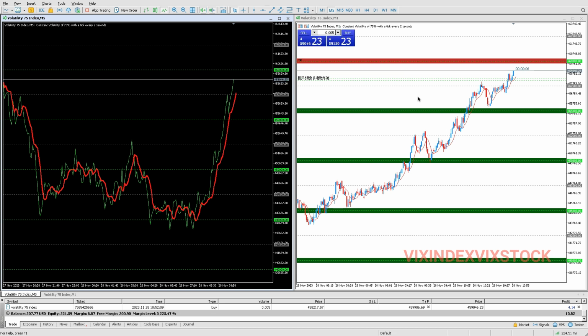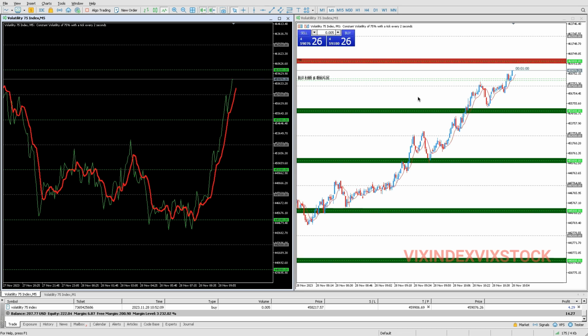By the way, I'm not saying this is the only way of trading Vix 75. If you have your own way that is working for you, guys, I always say in my videos, if you have your own way that is making you money, keep doing it. Don't let anybody make you feel bad that you should be doing it this way or that way.